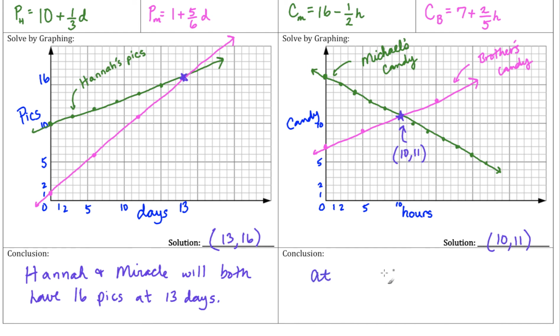So, at 10 hours, Michael and his brother will both have 11 candies.